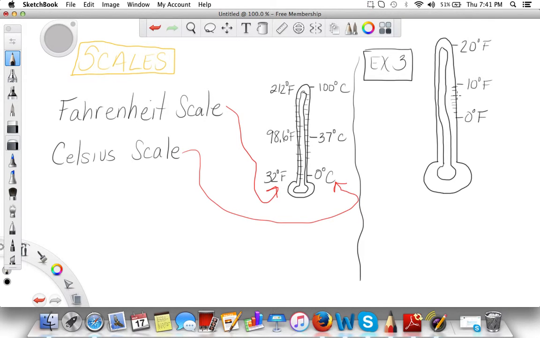We're going to act like that's even. And the mercury comes up somewhere. Let's put some mercury in there. Little red mercury. Woohoo! And the mercury goes up to the level of about 2 notches above the 0. So let's say it right here. 2 notches above the 0.